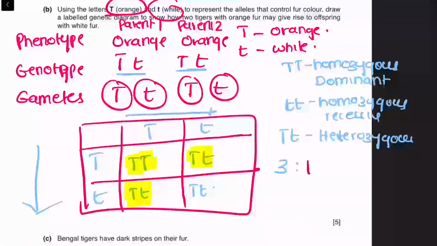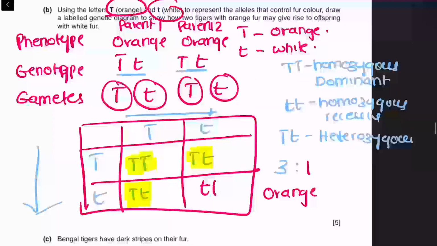So 3:1, orange to white. Orange 3 and white 1. Now, this is the only way in which a parent who is showing one characteristic will have a child that is showing a different characteristic, right?